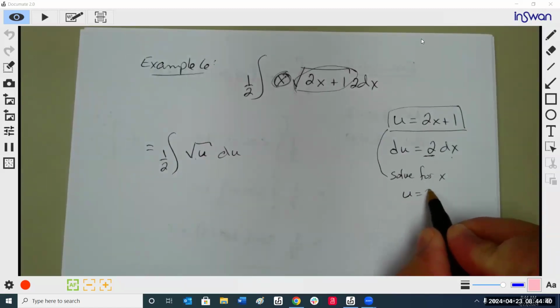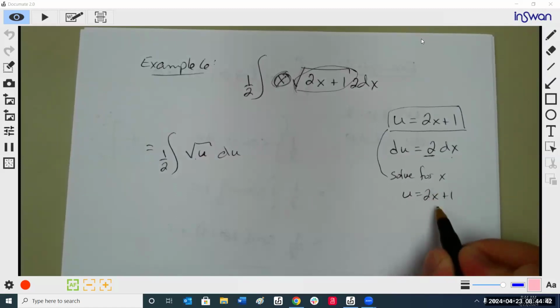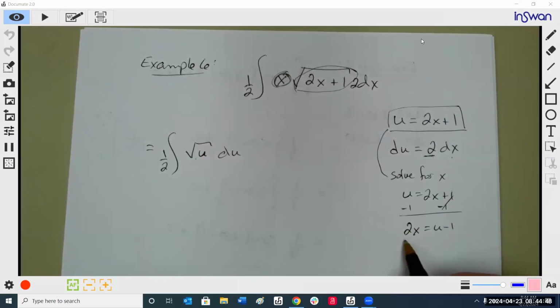So we have u equals 2x plus 1. Subtract 1 from both sides, and then divide by 2. So anywhere we see an x, we put a (u minus 1) over 2.